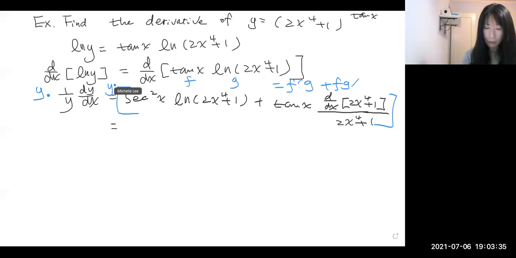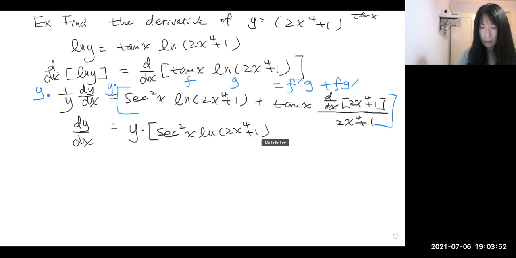Let me write down y there. Then secant squared x ln of 2x to the 4th power plus 1, plus 10x, we have, she said, 8x to the 3rd power.